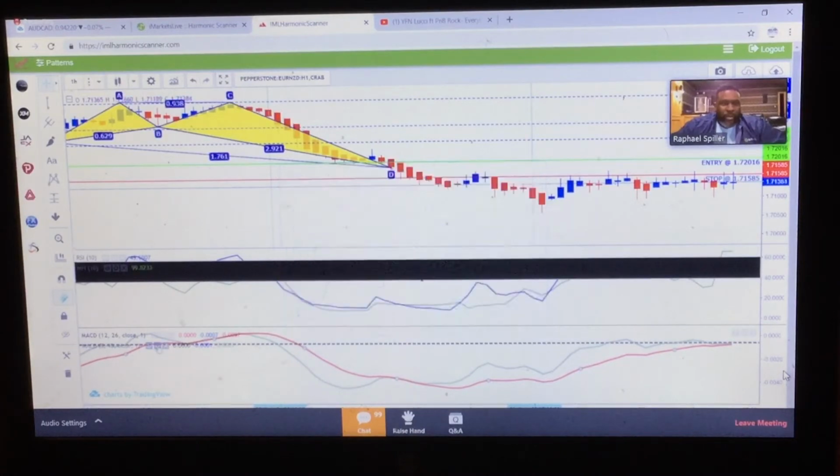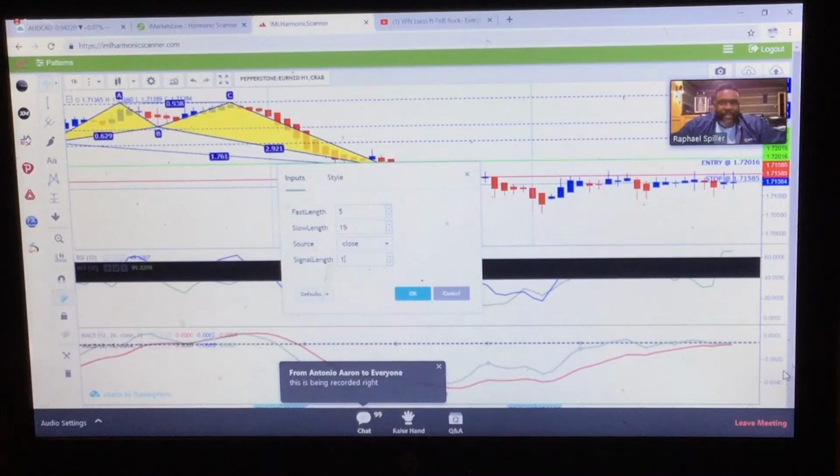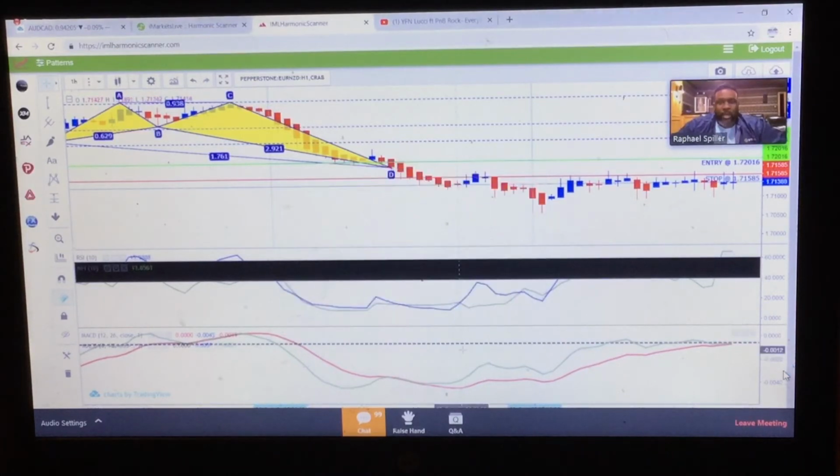Then the next one, the inputs were 15, 5, 15, 1. This is being recorded: 5, 15, 1. The histogram is checked. You brought that up, the histogram. The signal line is checked. But you also have to make sure that the histogram price line is checked. That gives you this zero line in there. You click OK and you're done.